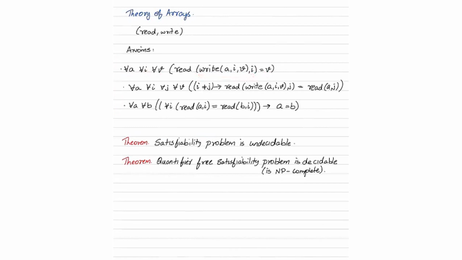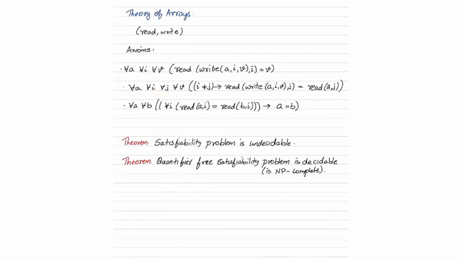All right, that's the first axiom. The second one says, if you look at the array and you have two indices i and j which are distinct, and if you write the value v into the ith index of the array, and then after that you read the value at the jth index, then what you get is simply whatever you get if you directly read the value at the jth index.